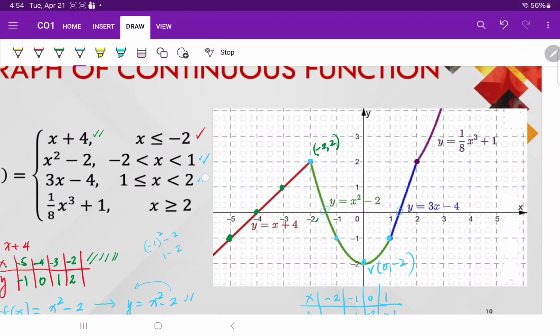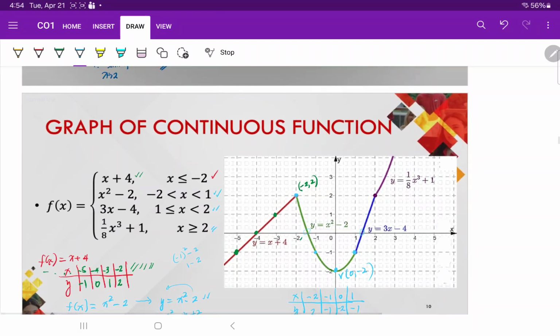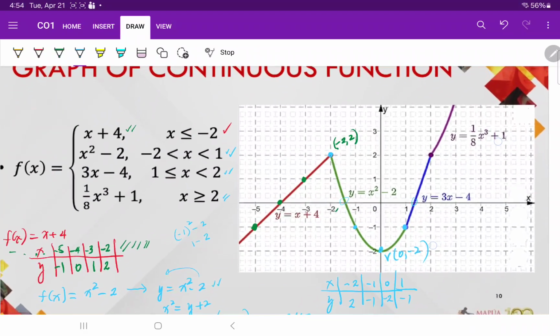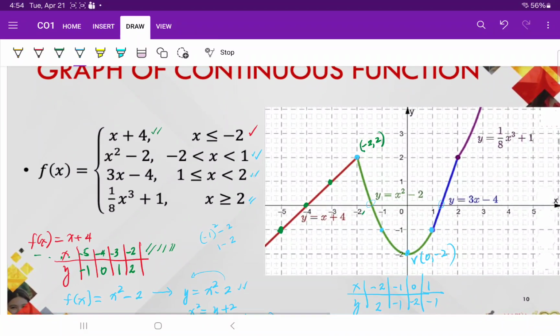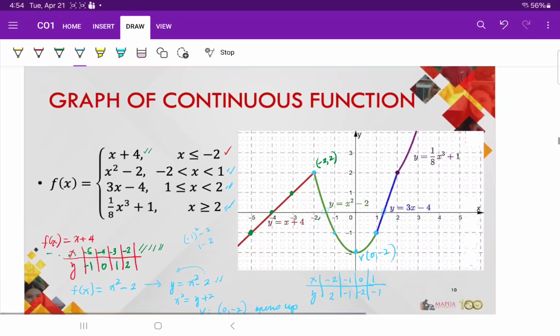Do the same thing for this one. And for this one here. And you have this as the graph of your function. Okay, so that's how you draw the graph. Do point plotting system and use these values of x to be substituted. Alright, so based on this graph, you can see again that the function is continuous.